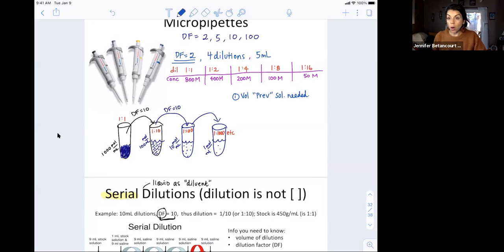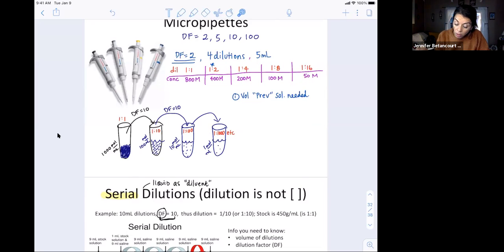So when we're making the first dilution, when we're making the 1 to 2, the previous solution is going to be the stock. When we're making the 1 to 4 dilution, the previous solution is going to be the 1 to 2. When we're making the 1 to 8 solution, the previous solution is going to be the 1 to 4. So that's what previous solution means.